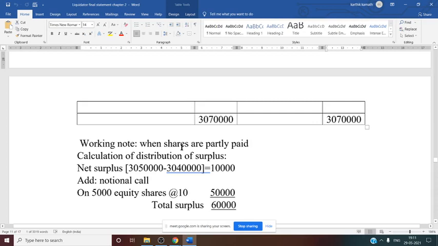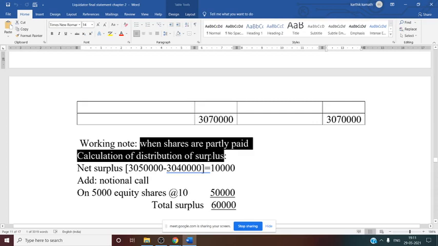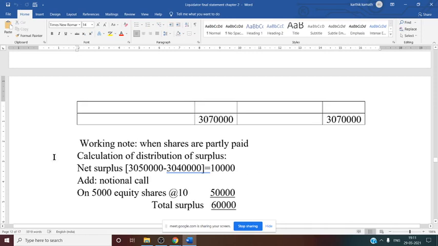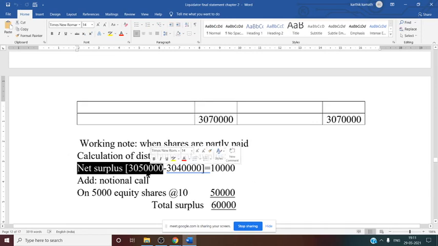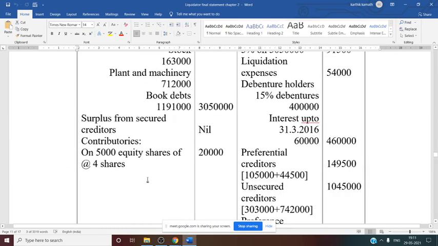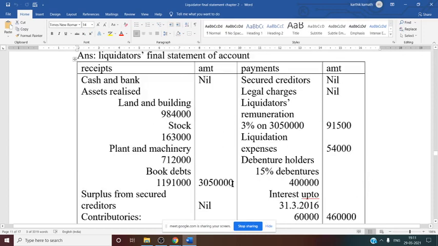So first, when the shares are partly paid, we want the calculation of distribution of surplus. First we want to identify what is the surplus available in the hands of the liquidator. That is nothing but the asset side total, before writing the contributory, which means only the assets realized.